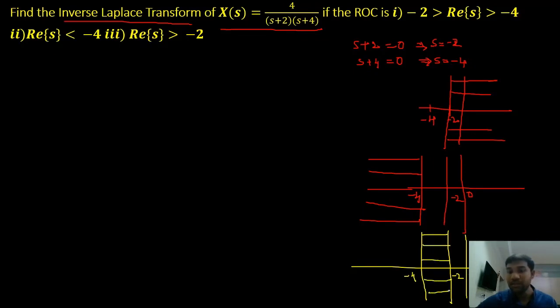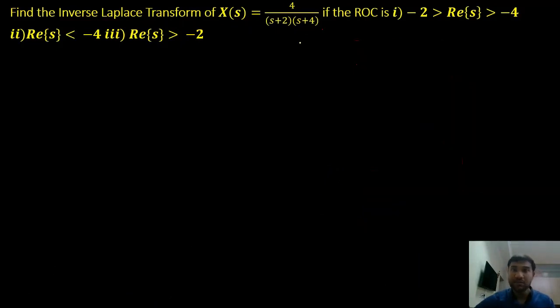So these are the three types of ROCs for the given Laplace transform. So we have to find the inverse Laplace transform for each of these different kinds of ROCs. So let us start finding the inverse Laplace transform.